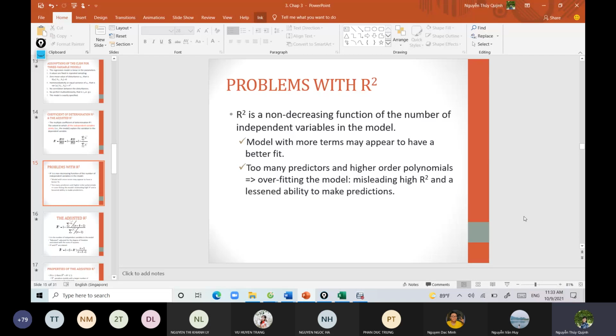Actually, correlation is not enough. Because we build the regression model based on the relationship, based on economic theories, based on previous researches, not based on the data.